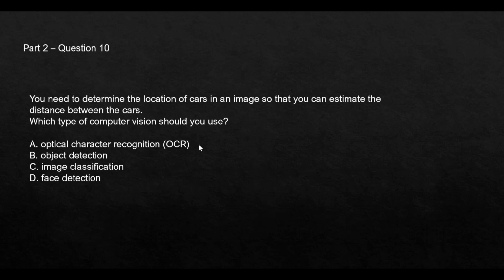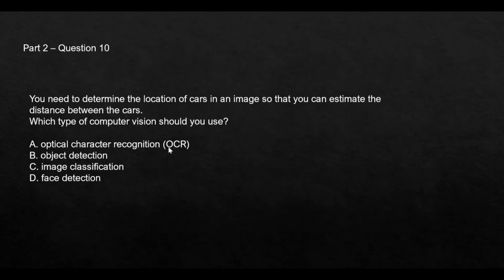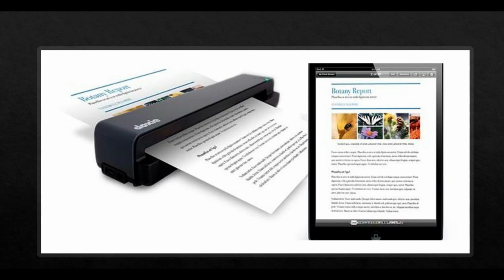If you notice, what we are doing is object detection. We are trying to identify the object, and the objects in this case are cars. You can program it to check for one car or multiple cars. Now OCR has a very different purpose, like we saw in the previous question. It is used to scan documents. That is how it does optical character recognition.